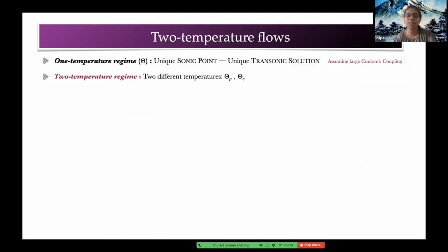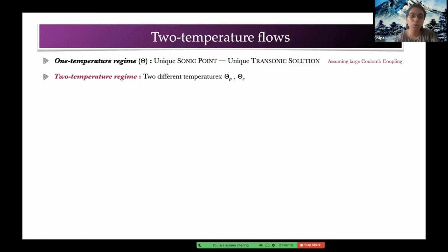This regime helps in simplifying the equations, and does not involve us in the more complex details of the system, and we can extract all the essential qualitative features. So many people have worked in the one temperature regime. In this regime, defined by a temperature theta, we get a unique sonic point and hence a unique transonic solution.